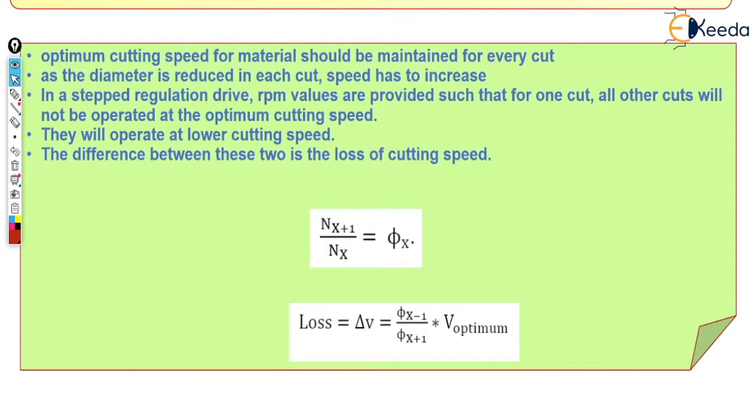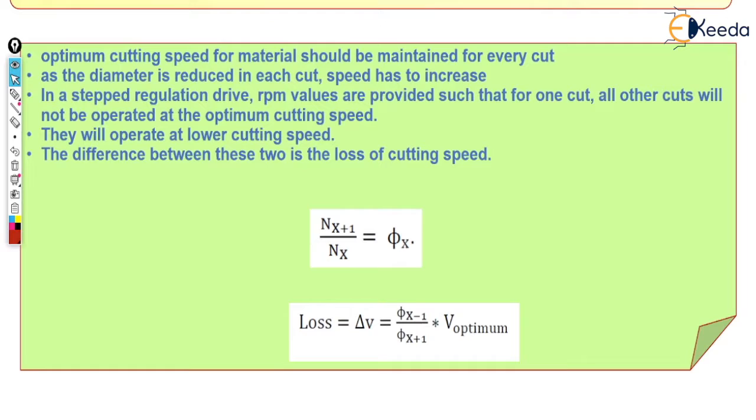As the diameter is reduced in each cut, the speed has to increase. And due to the stepped regulation drive, the RPM values are provided such that for one cut, all the other cuts will not be operated at the optimum cutting speed.